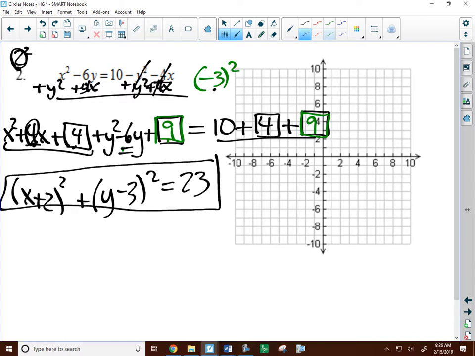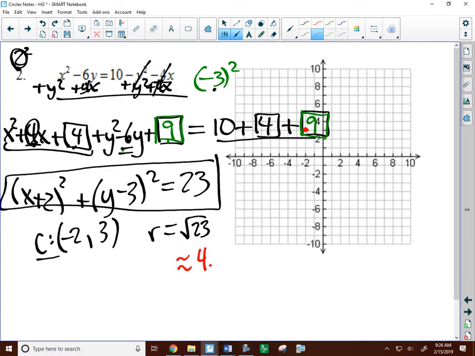I'm not going to graph this one, but you would just do the center as negative 2, comma 3, and the radius as the square root of that number, so square root of 23. If you're going to graph it, it's about 4.8. So you go 1, 2, 3, 4.8, it'll be about there.